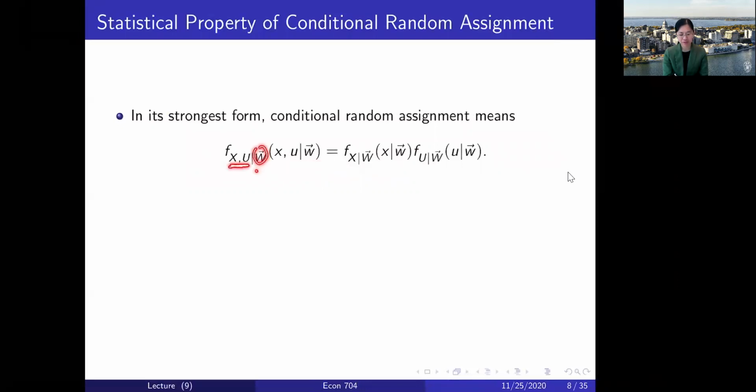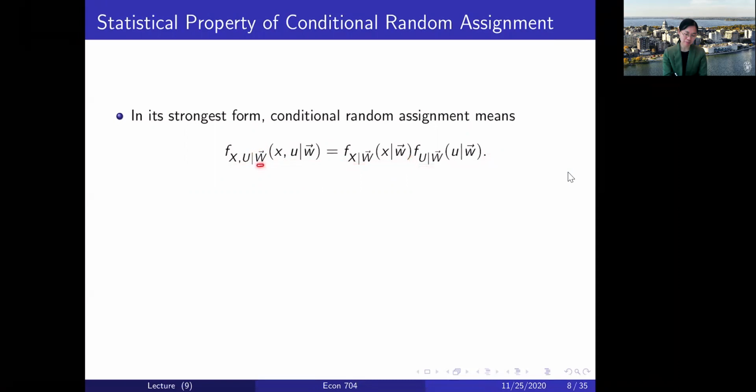X and U are independent, meaning that conditional on W, the joint PDF of X and U can be written as the product of the marginal conditional distributions, right?